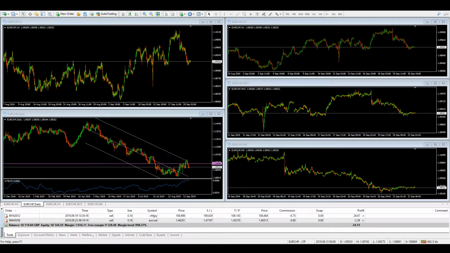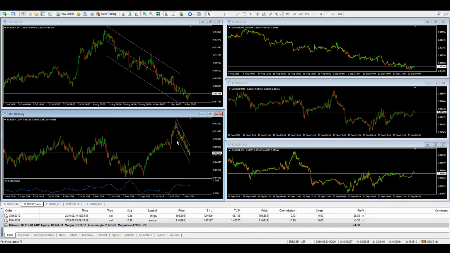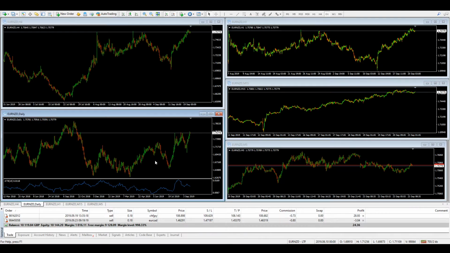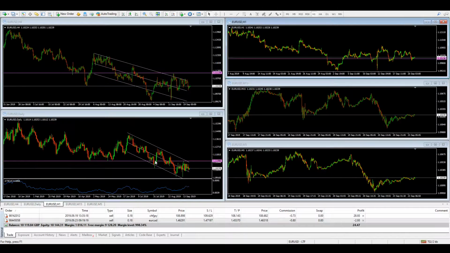All right. So yeah, sorry, Euro CHF. No, I wouldn't be in this. Like I said, because there's better stuff that I've seen in the market, I would just discount anything else that isn't really up to par. This here, no, not great price action.